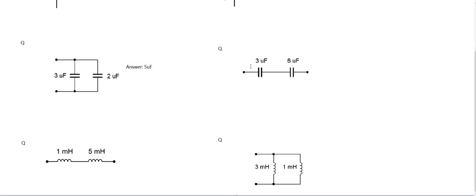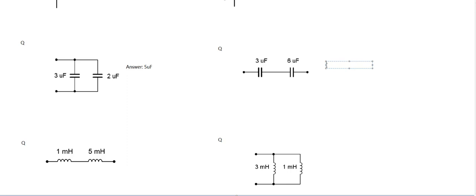Now looking at two capacitors in series. When they're in series, the capacitance decreases. So in this case, how would we treat it if it was two resistors in parallel?